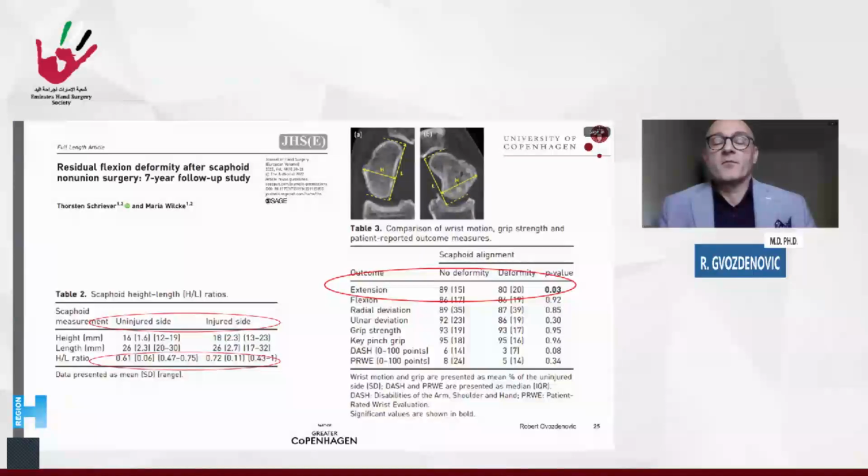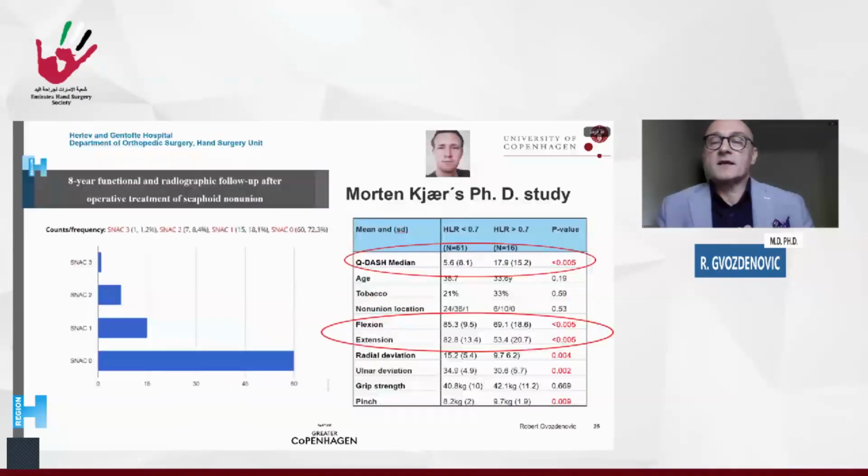And an important study from Stockholm looked at this problem too, at 7 years follow-up, and the only thing they found changed in the deformity group compared with the non-deformity group was a slight worsening of extension of the wrist as the single bad thing. Our own data has been shared by Morten previously, so I won't go into details. There are some small changes at the 8-year follow-up, but the question is how clinically relevant they might be, even if they are statistically significant.